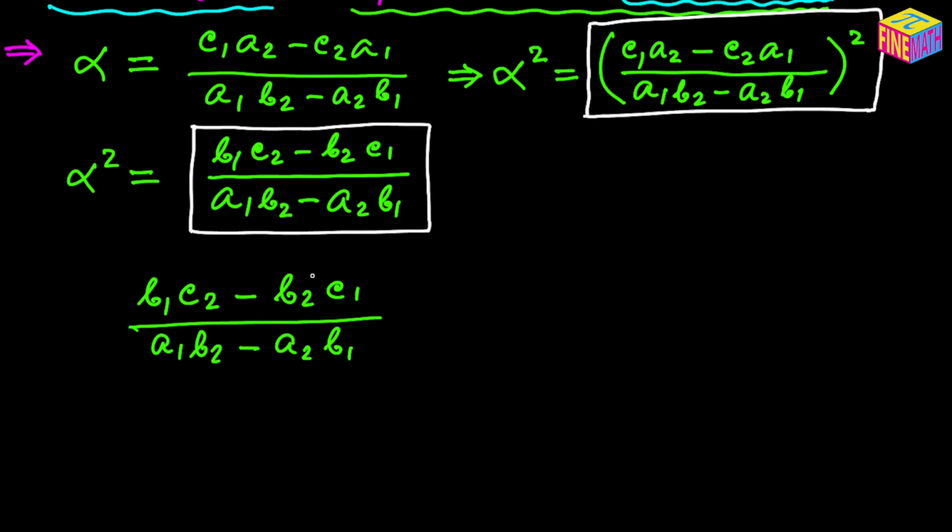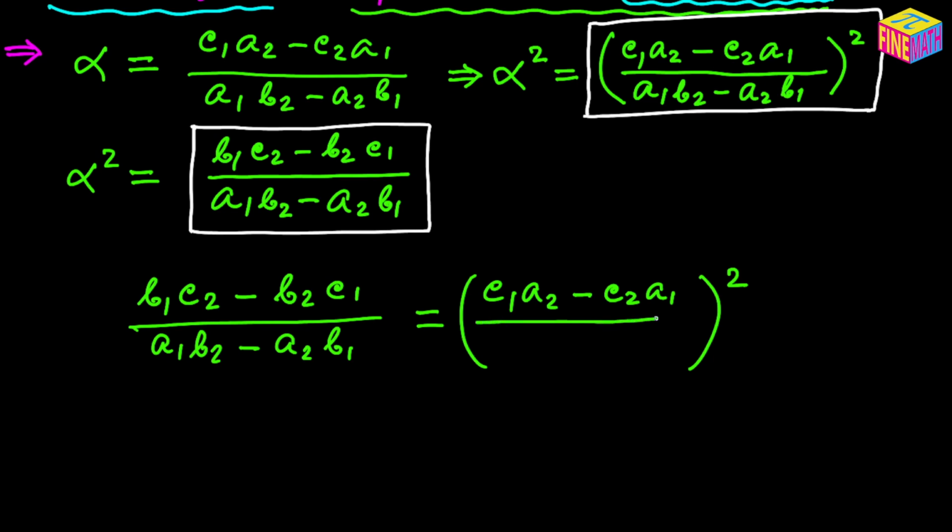So this is one value of alpha squared, and that must be equal to the other value of alpha squared, which is the whole square of c sub 1 a sub 2 minus c sub 2 a sub 1 whole divided by a sub 1 b sub 2 minus a sub 2 b sub 1, and whole square of that, right? So that's what we get by comparing the two values of alpha squared, right?